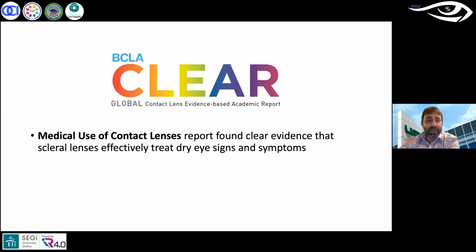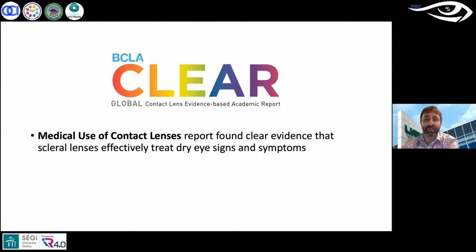Scleral lenses have really had a resurgence in the last 10 plus years. There are better materials, better designs, and lots of companies making them. Because of that, it's becoming a standard of care for advanced dry eye patients or patients with contact lens discomfort. I recently had the opportunity to help with the CLEAR report, the contact lens evidence-based academic report, through the British Contact Lens Association.